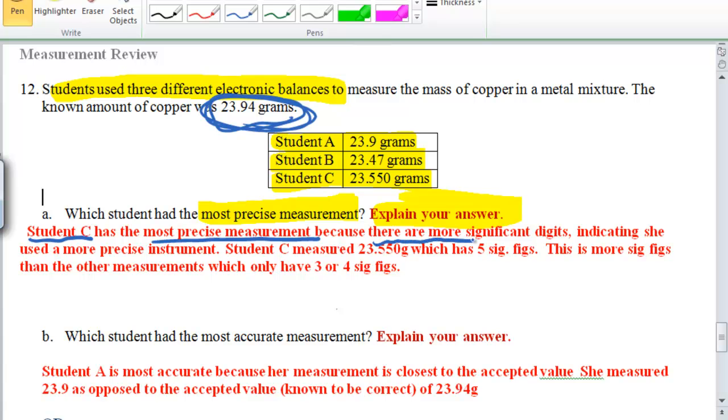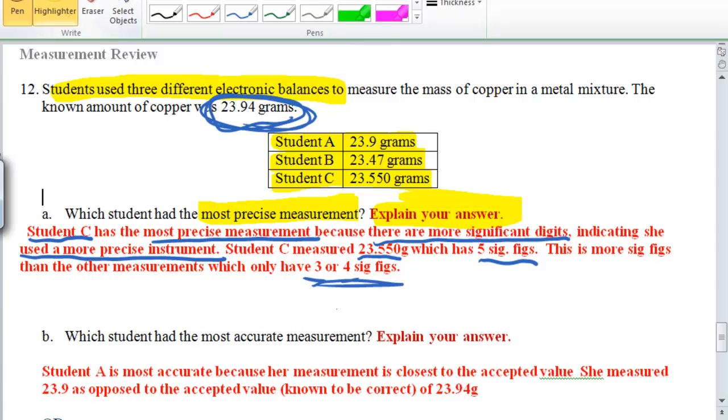There are more significant digits indicating she used a more precise instrument. What was the data? Well, she measured 23.550 grams. That's 5 sig figs. That's more sig figs than the other measurements, which have 3 or 4 sig figs. So yes, good job using a precise instrument.